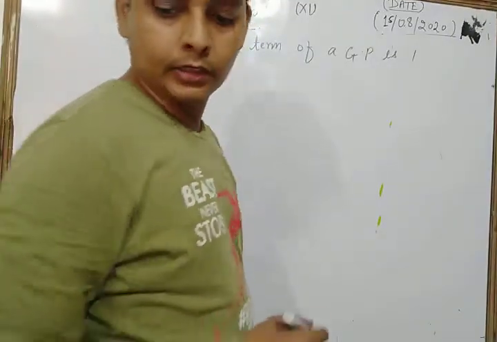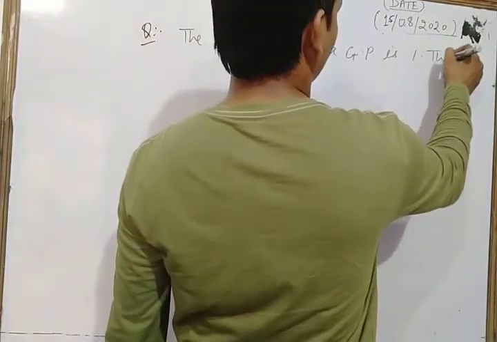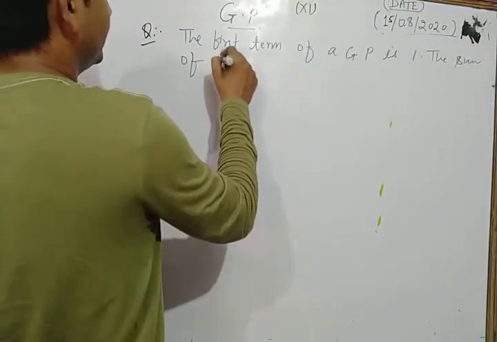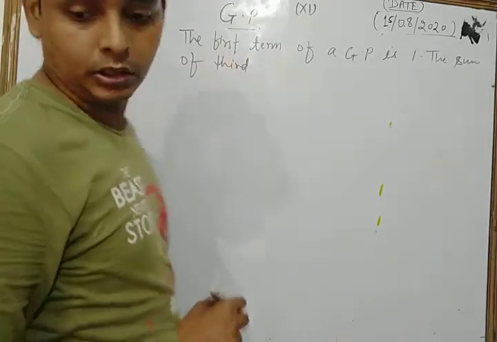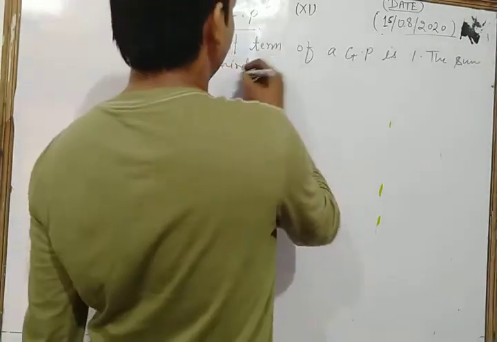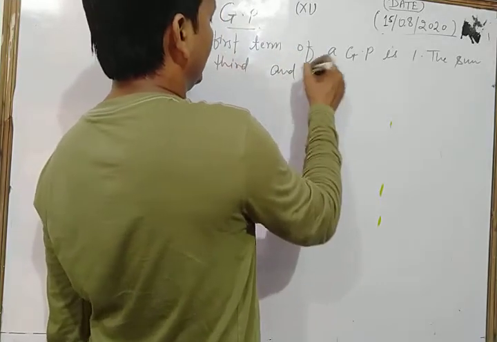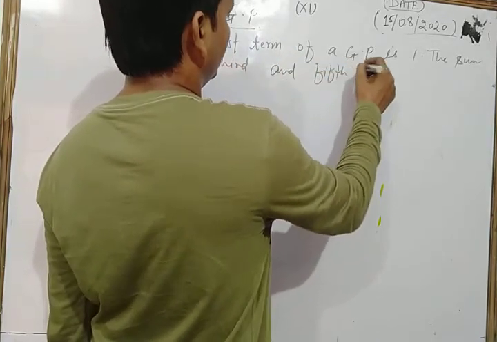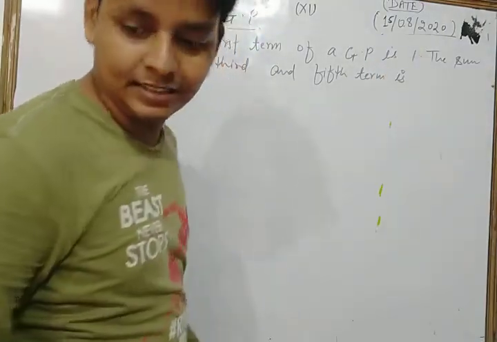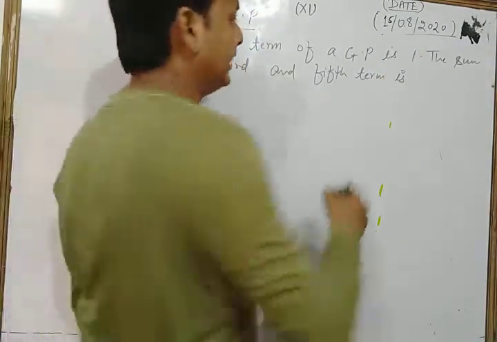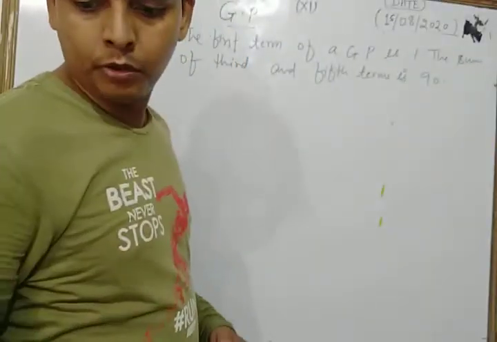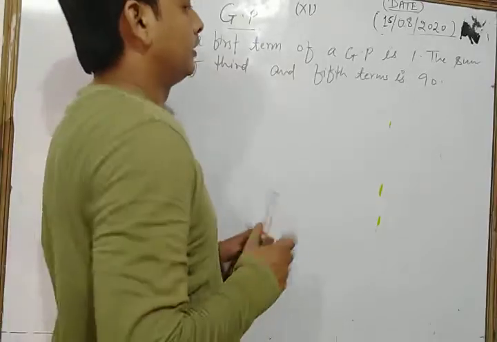The sum of the third and fifth terms is 90. Find the common ratio of the GP.